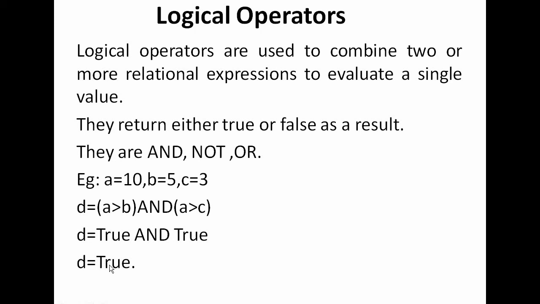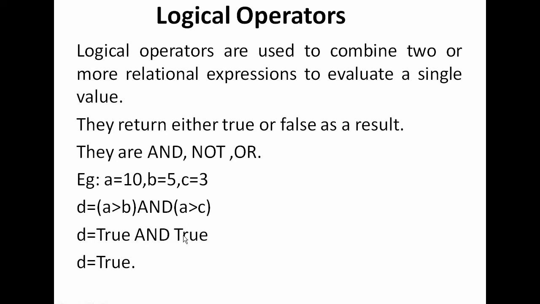Why is the result true here? Just see in the above line, A greater than B. Yes, because A is 10, B is 5. A is greater. That means true. And here A is greater than C. Again A is 10, C is 3. So this is also true.